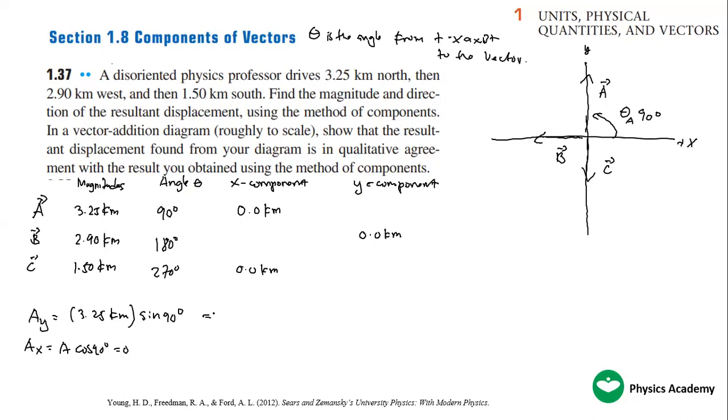So we have 3.25 sine 90, which is 3.25 kilometers.